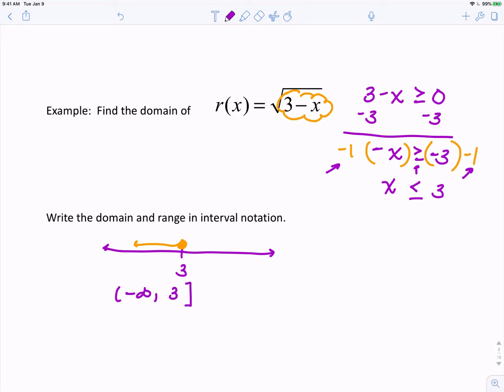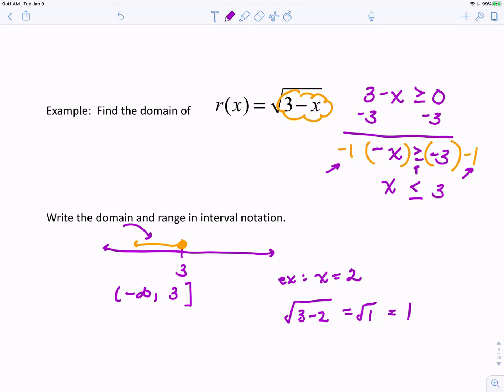Now when we say this is the domain of the function, what that says is if I put in any value that falls to the left of 3, or even if I put in 3, then I can evaluate this square root. So for example, let's put in x is equal to 2. That will give us a square root of 3 minus 2, or in other words, a square root of 1, which I know is a real number and happens to be 1.